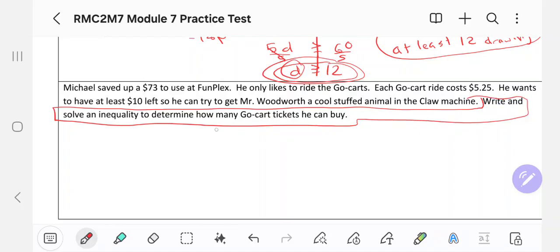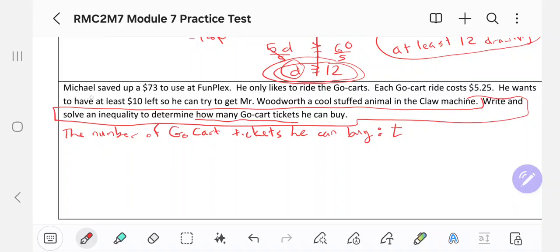It says write and solve an inequality to determine how many go-kart tickets he can buy. So the number of go-kart tickets he can buy. And we'll call it T for tickets.